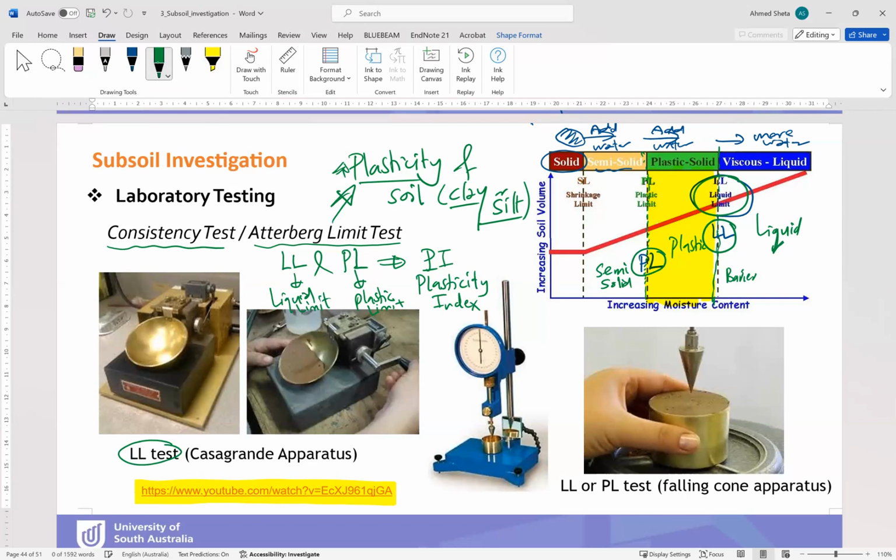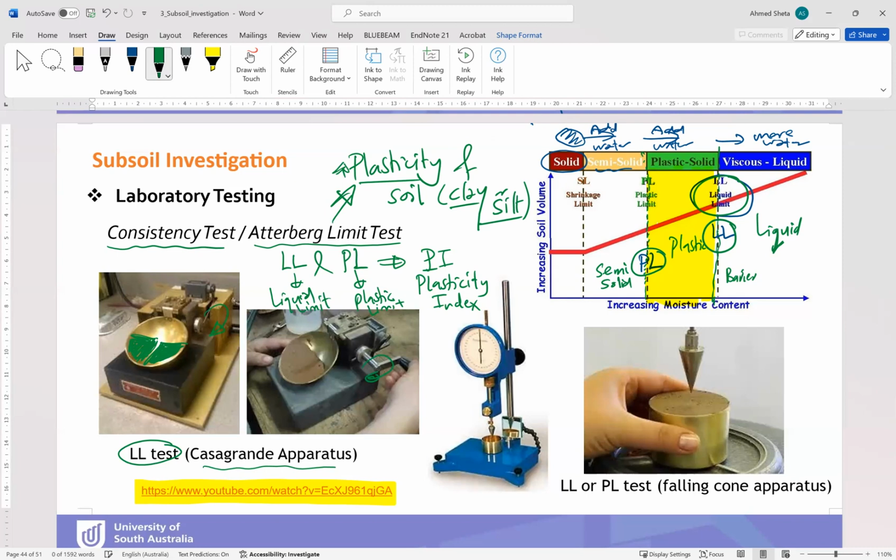This is a Casagrande apparatus, which is this one. And again, if you remember, we talked about filling this apparatus with the soil. We fill half of the bowl with soil, and we divide the sample into 2 quarters. Then using the handle, we rotate the handle and keep rotating it.